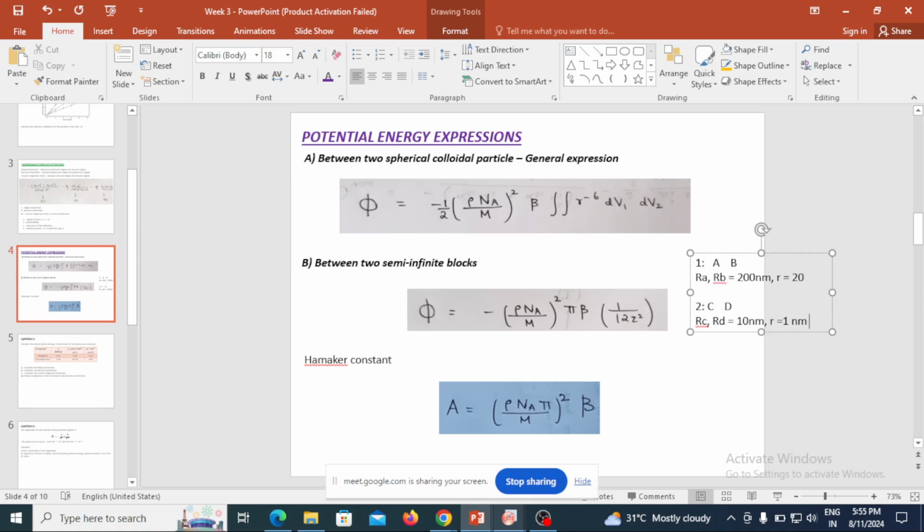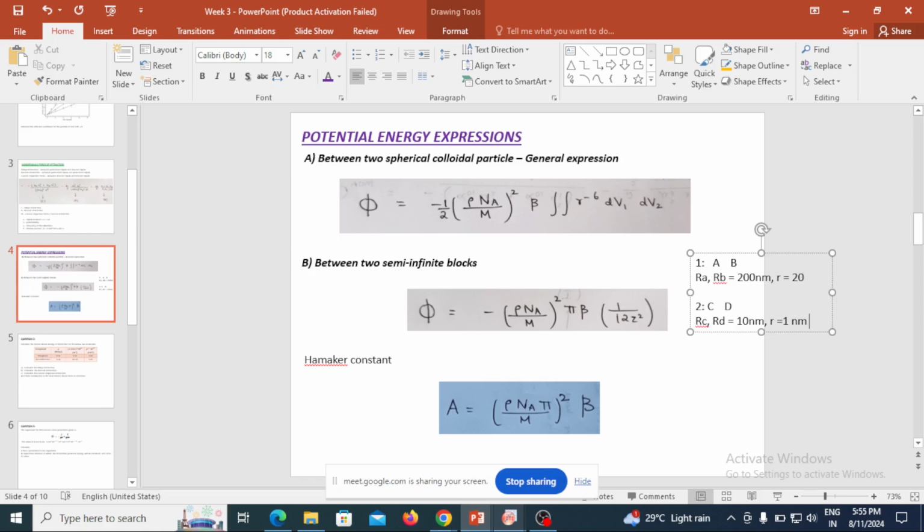So if you consider particles of the same chemical composition, and their radii and the separation distance are in the same order or scaled by a factor, then the van der Waals forces of interaction or the potential energy for these interactions will be the same.